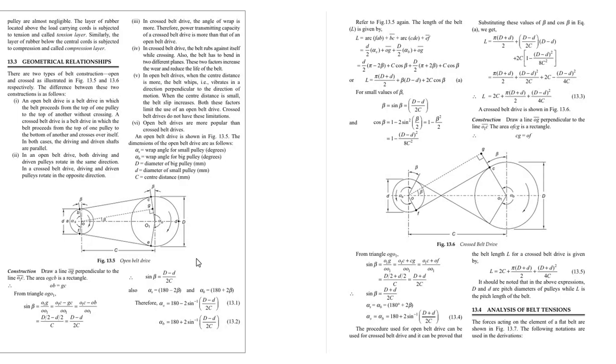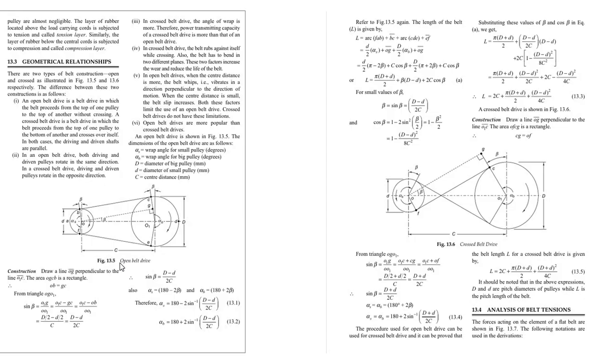Basically, the length of the belt is calculated as arc FAB plus BC plus arc CDE and the chord EF. If we sum up these lengths, we get the overall length required for the belt on the pulleys.